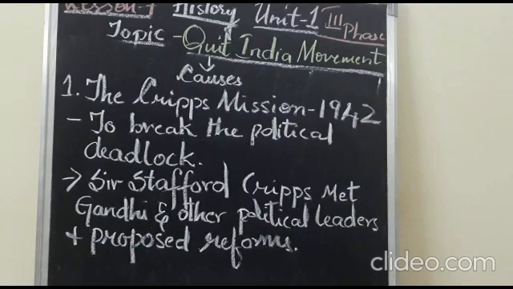A constituent assembly consisting of only Indian members, elected by the provincial assemblies and also nominated by the princely states, would be able to draft their own constitution, was promised to the Indians. Any province that did not like to join the Indian Dominion could draft its own constitution and form a separate union. This was another reform and a promise. The rights of the minorities would also be protected.